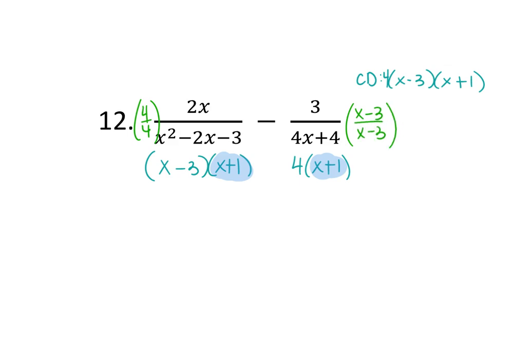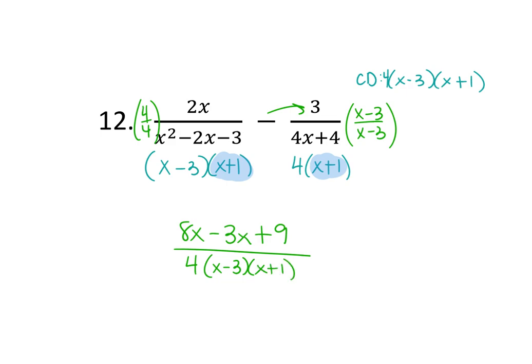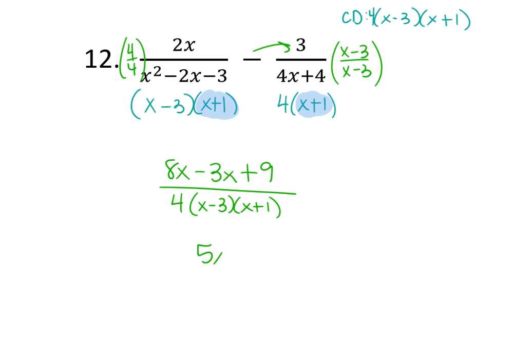Okay. So 8x, I'm taking the negative up with the 3 and distributing it in. So minus 3x plus 9 over 4x minus 3, x plus 1. Combine like terms, 5x plus 9 over 4x minus 3, x plus 1.